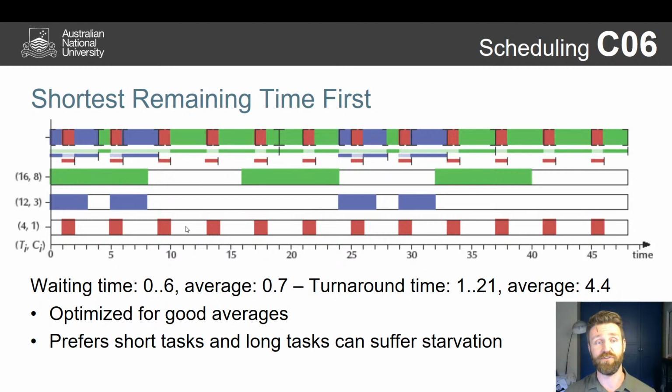Okay, but again, we need to know the computation time of the processes or the tasks. If we don't know that, then we can't decide which one is the shortest remaining time. Okay, so none of these three, shortest job first, highest response ratio, or shortest remaining time, are really feasible for a general operating system scheduler.